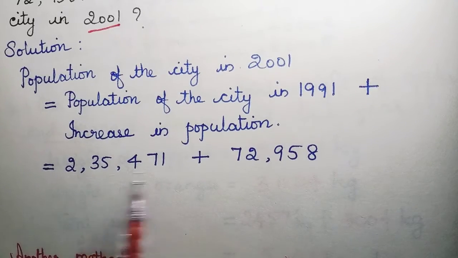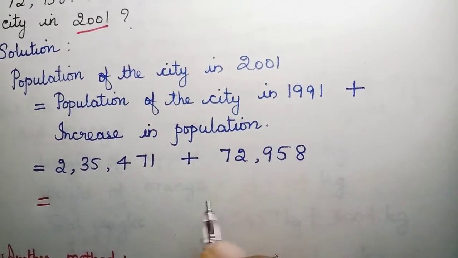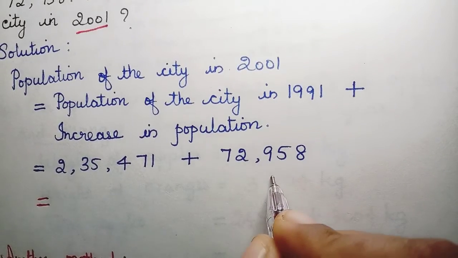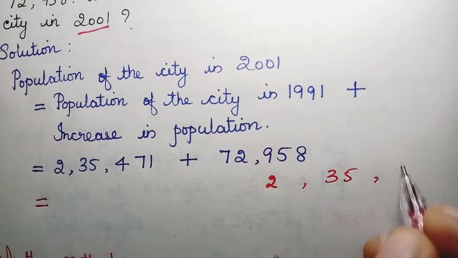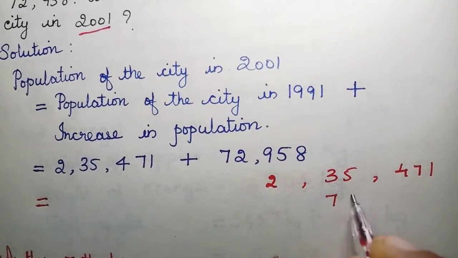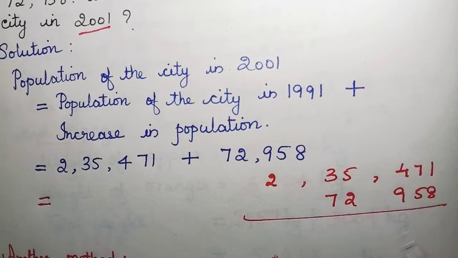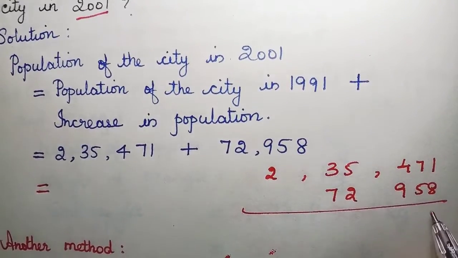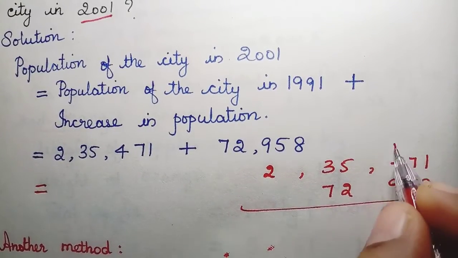When you add both values you will get the answer. How will you find the value? For that you have to just write 2,35,471 and add 72,958. So when you add, 8 plus 1 is 9, 5 plus 7 is 12, balance 1.